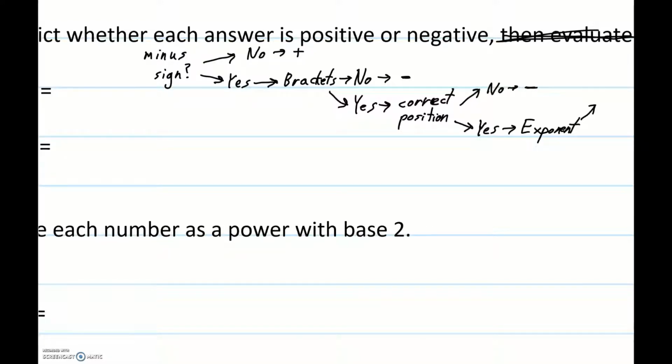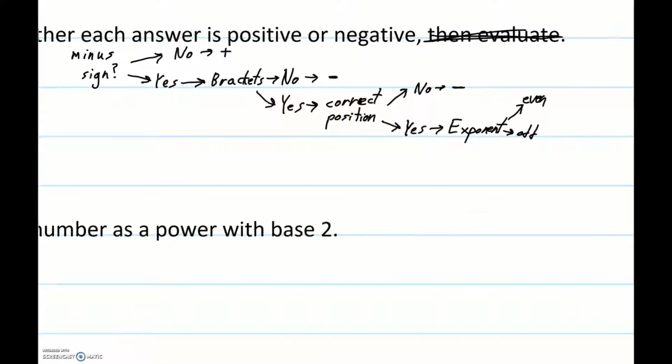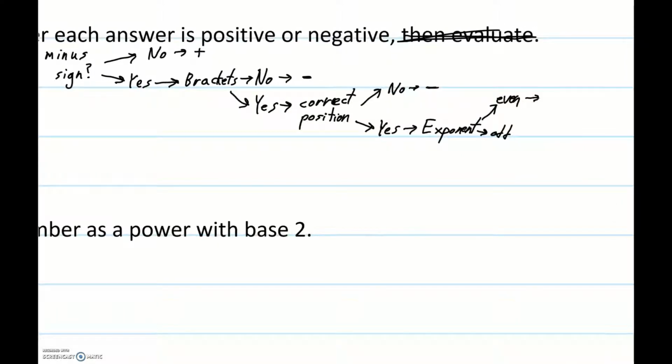Is it even, or is it odd? If it is even, after all these steps, make sure you go step by step. If it is even after all the steps, then it is positive. If it is odd after all the steps, then it is negative.